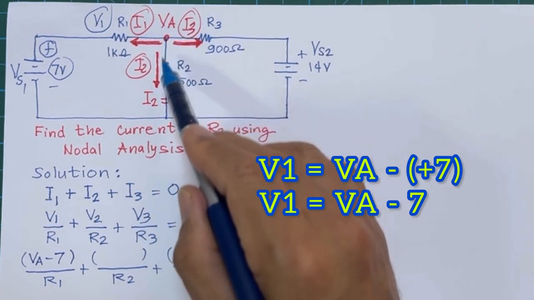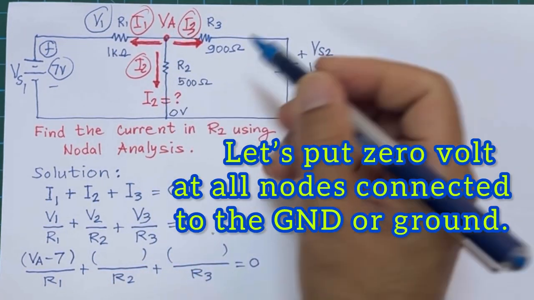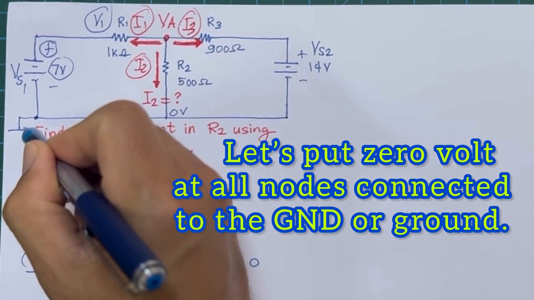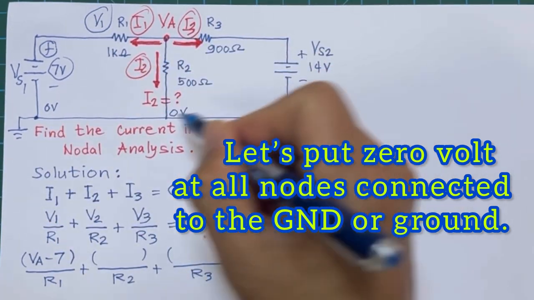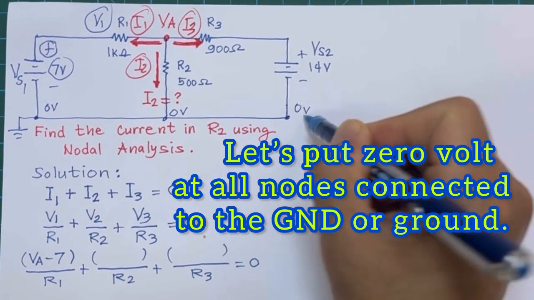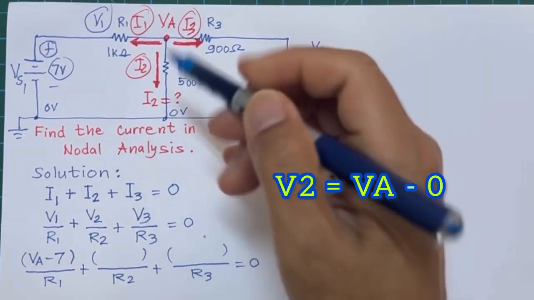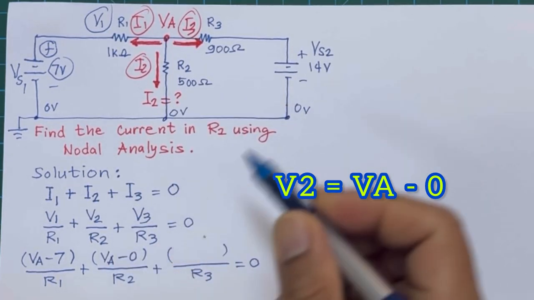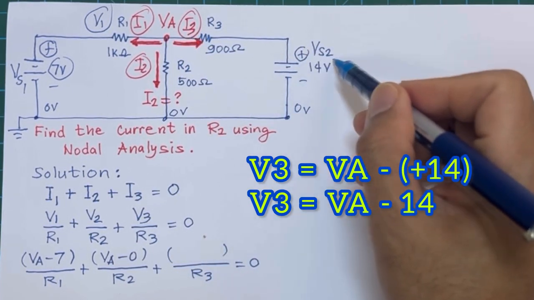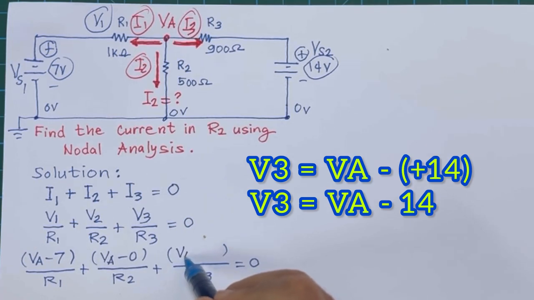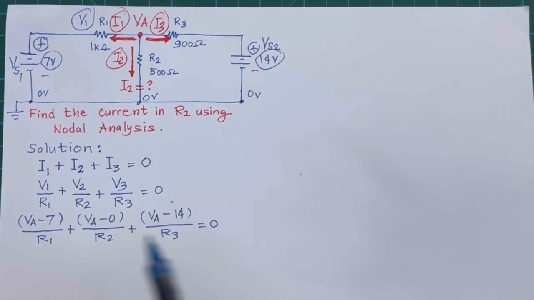And then going on to V2, that will be VA minus 0, and we have the ground over here. Let's put 0 volts for all of this. So VA minus 0 will be for V2, and for V3 it would be VA minus the positive 14, or VA minus 14. And there you go, that's how we do it.